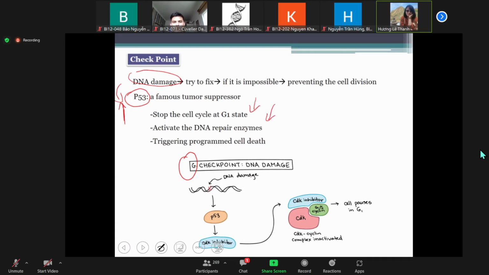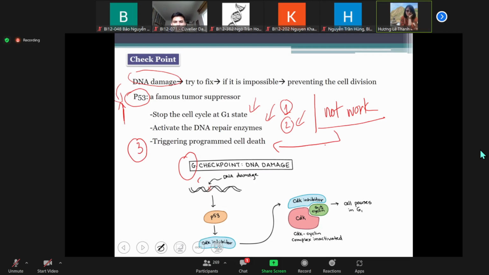And if the DNA damage is not fixable, the P53 will play its third and final role, triggering the programmed cell death. So the damaged DNA cannot pass. First step, stop; second step, calling the help from the DNA repair. And if it doesn't work and the DNA is still damaged, they will call the third step, the final step, triggering the programmed cell death.